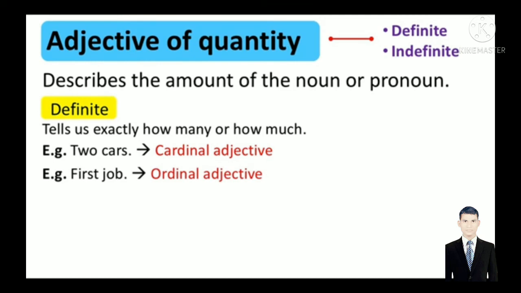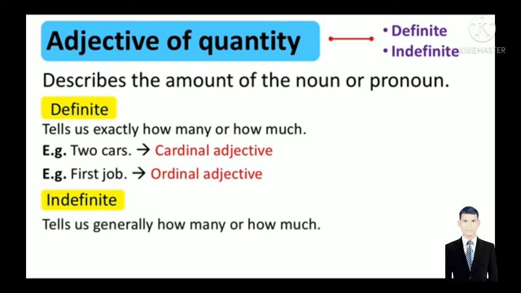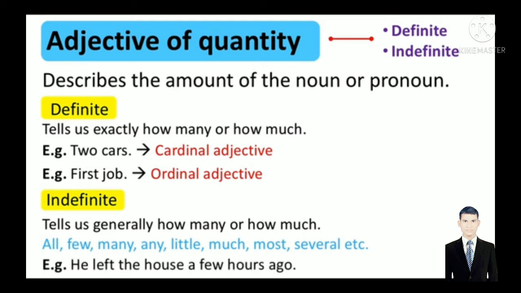This is an example of an ordinal adjective because the job is put into order, so it's first. Indefinite. This type tells us generally how many or how much. For example, all, few, many, any, little, much, most, several, etc. For example, he left the house a few hours ago.